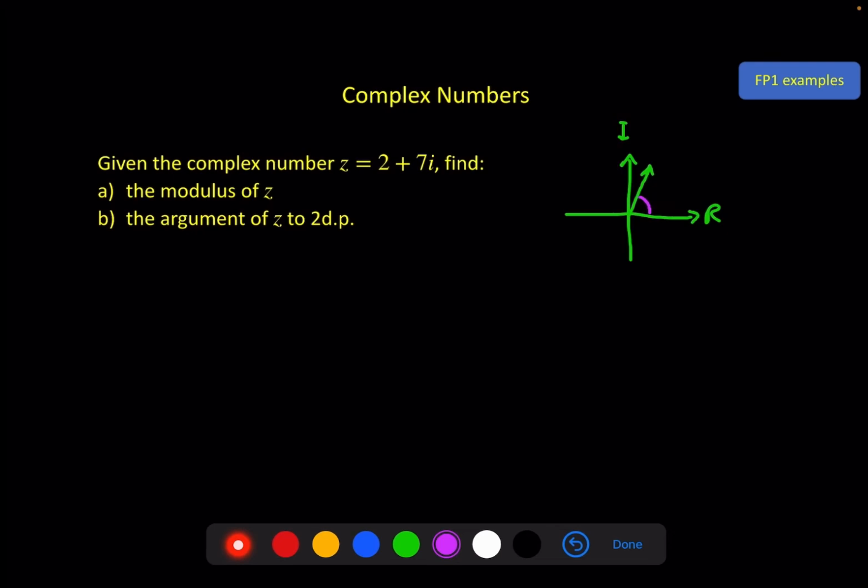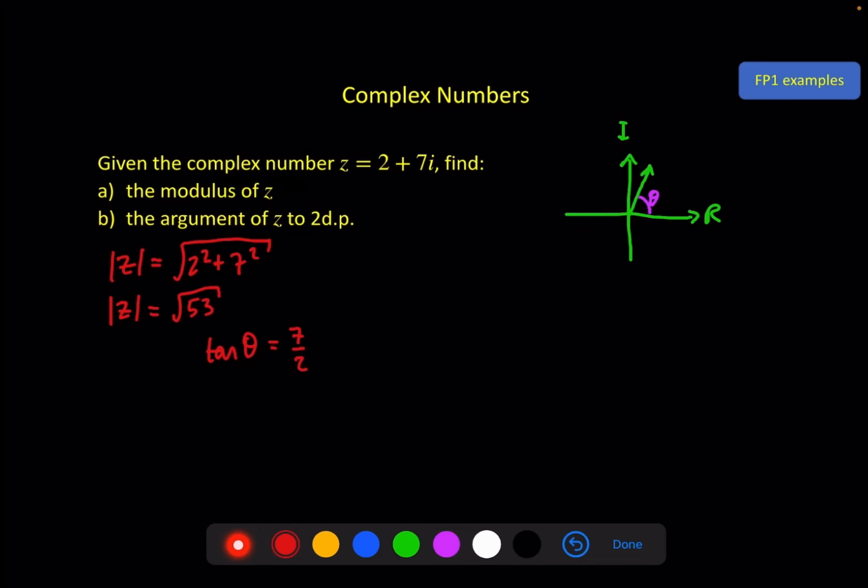The modulus, of course, is a little bit easier. 2 squared plus 7 squared, square rooted, the positive root. And that's equal to the square root of 53. Back to my angle, let me call this theta, because that is the argument that I want, and in this case, tan of theta is equal to 7 over 2.